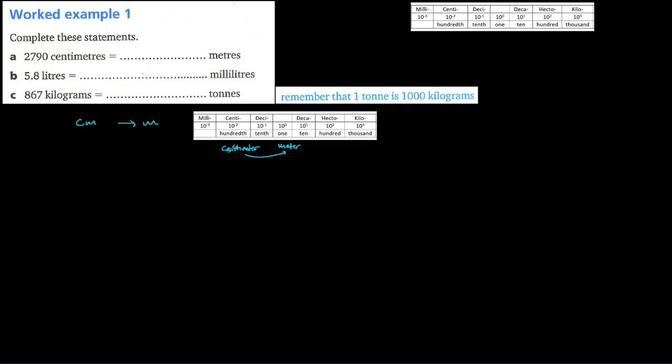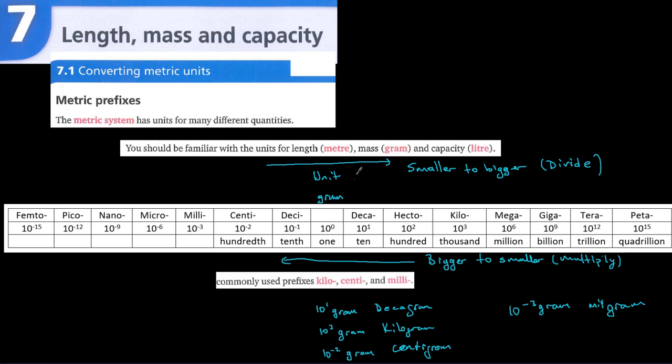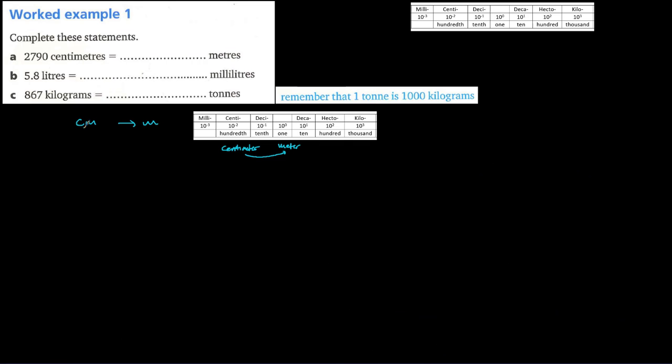If you remember, on the first page I said that if you are converting smaller to bigger, you are going to divide. The smaller unit is given to me, and I'm going to convert to a bigger unit. That's why I'm going to divide by 10 to the power of 2.